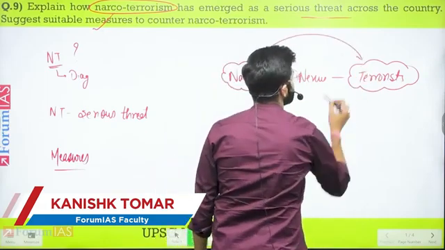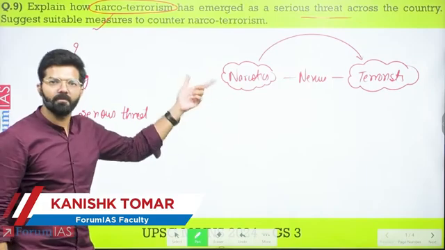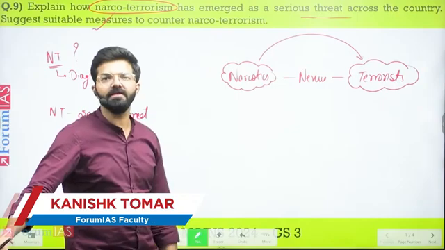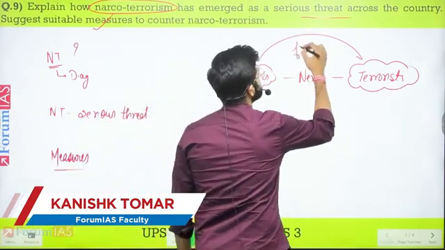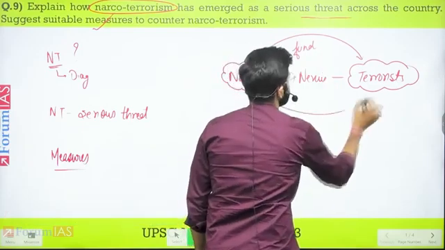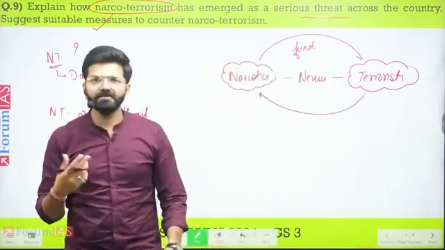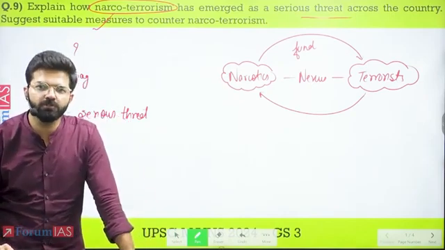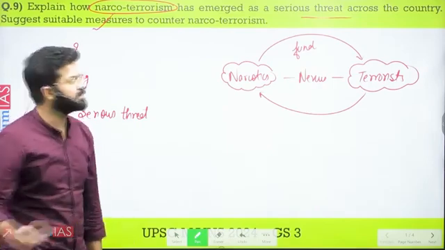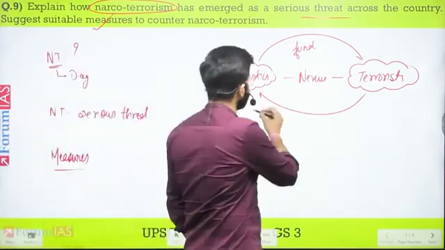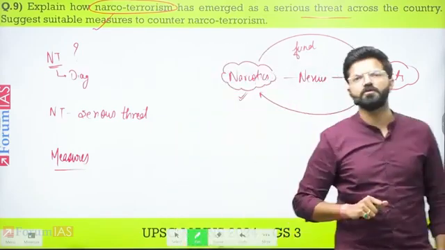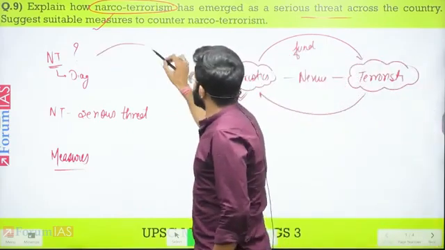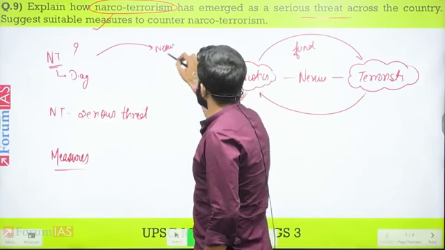The profits from narcotics and drug supply are used for funding the terrorist activities. In return, the terrorist group provides safe havens to the areas of production of these drugs and also to the supply chains. Yes, this is how this works. And at times, this is run by the terrorist groups also. So it is a nexus between these two. That would be the definition.